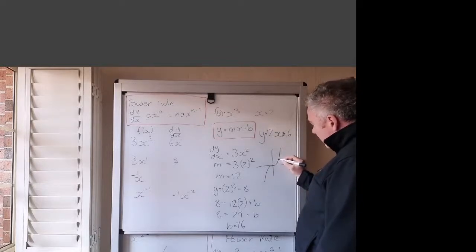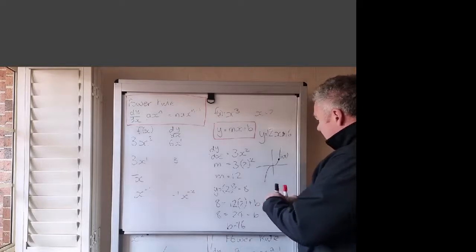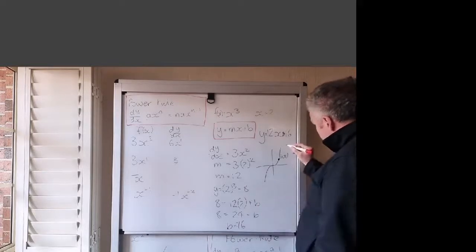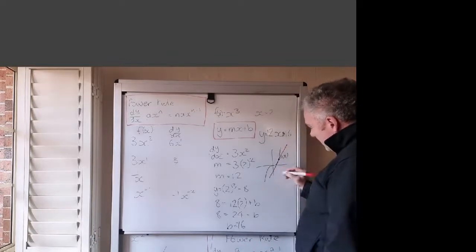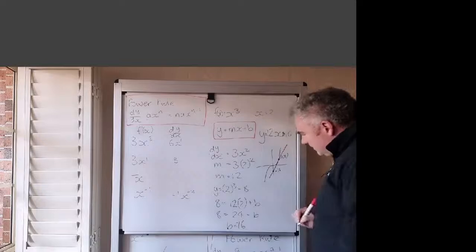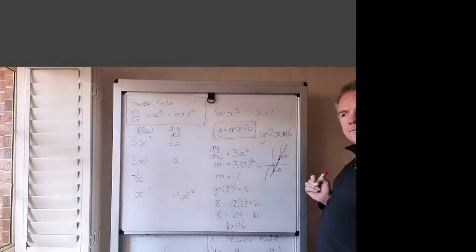This would be the point 2, 8. The red line would be the tangent, and it goes and follows the curve. So this point is minus 16. Okay, it goes from the point 2, 8 to minus 16.